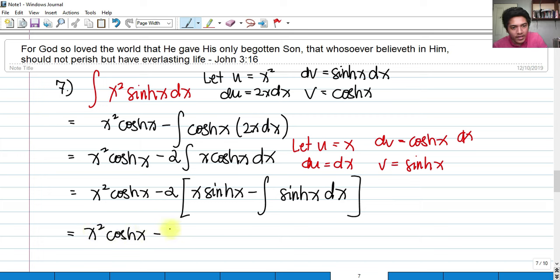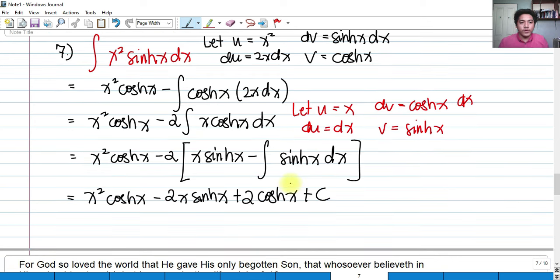Distribute, we have negative 2x hyperbolic sine of x. Distribute also, the integral of hyperbolic sine of x is simply hyperbolic cosine of x. If I distribute this negative 2 with the negative, that would be positive 2, and the integral of this is hyperbolic cosine of x. Don't forget the plus c, of course.